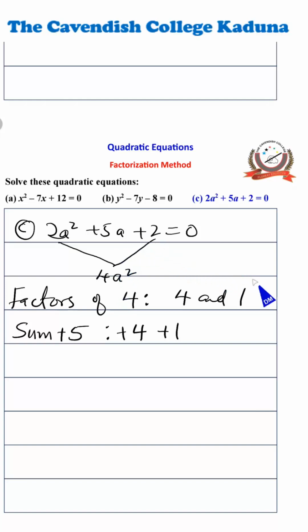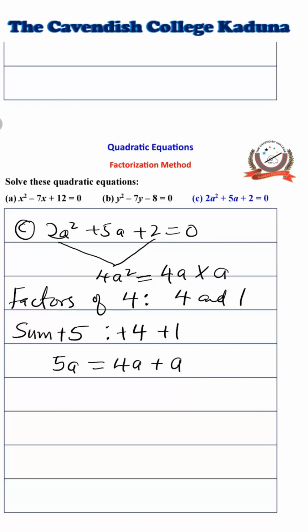So this is going to be 4a times a, so that our 5a here will be 4a plus a.